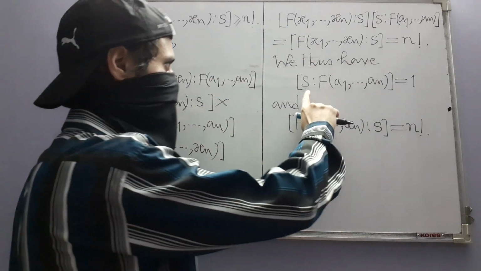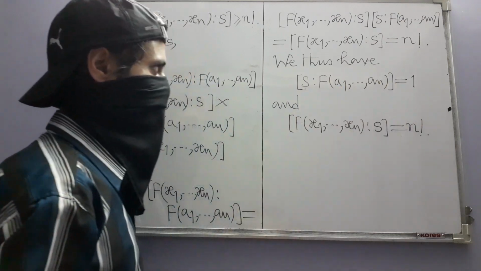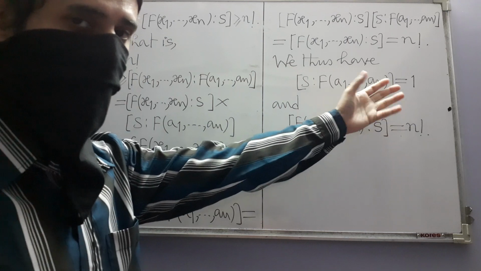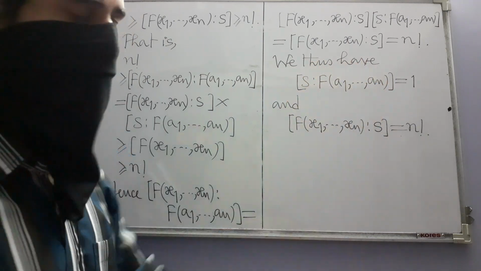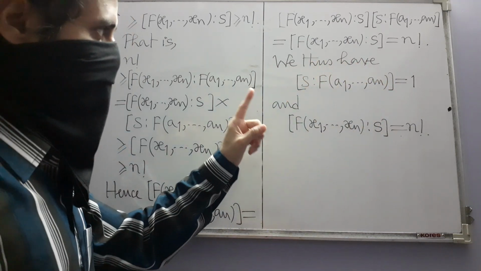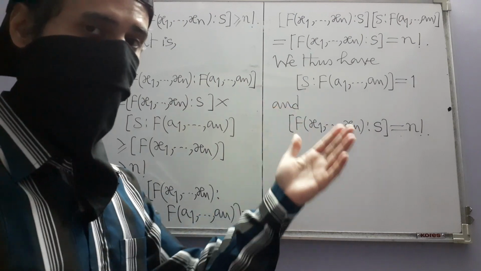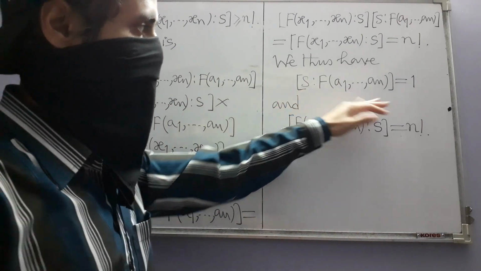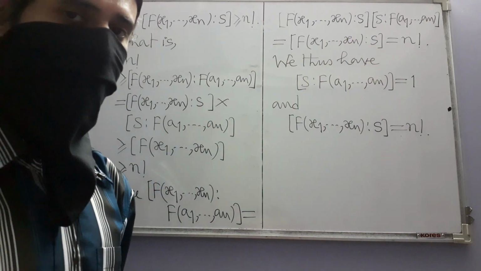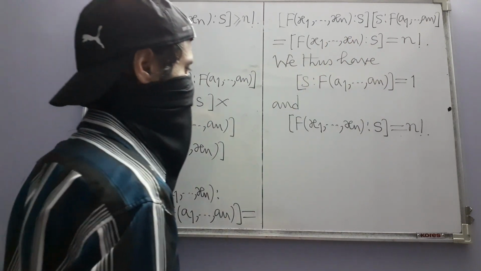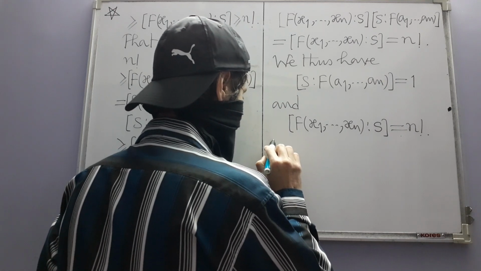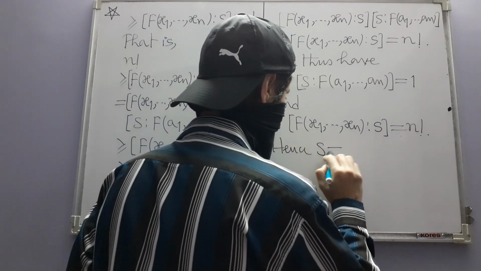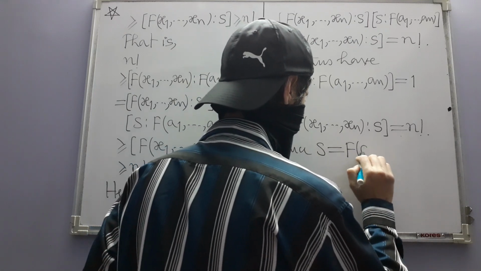Now what can we then conclude from this degree being 1? We already know that S is an extension of this, and in fact that's why we are writing the degree of this extension. And the degree of an extension becomes 1 if and only if the extension is equal to the base field. That is the only case. Hence S is equal to this.